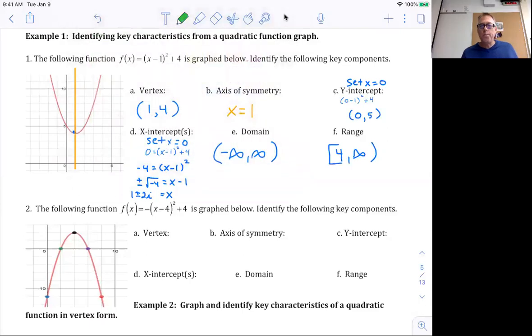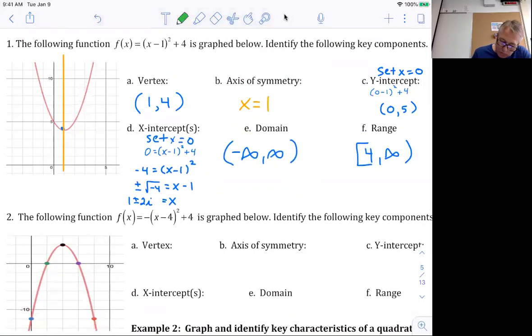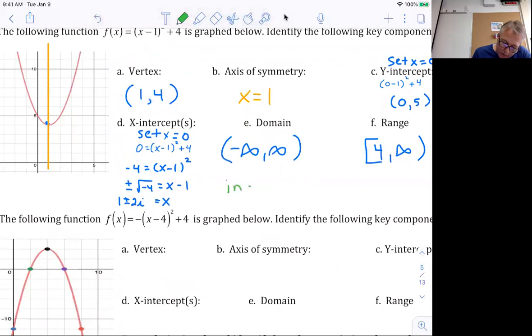All right, well, a little bonus thing we could talk about. Remember, we did intervals where things are increasing or decreasing. Like if I said, where is this thing increasing? Well, it's increasing right here. That would be from this x value, which is 1, of course. And again, why that vertex is so important.